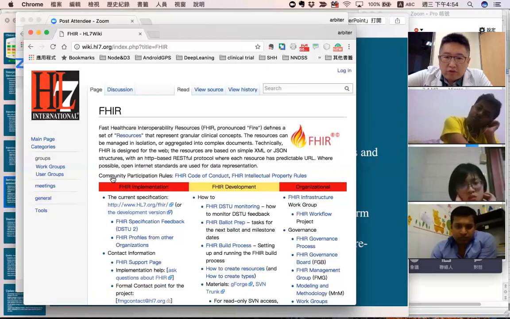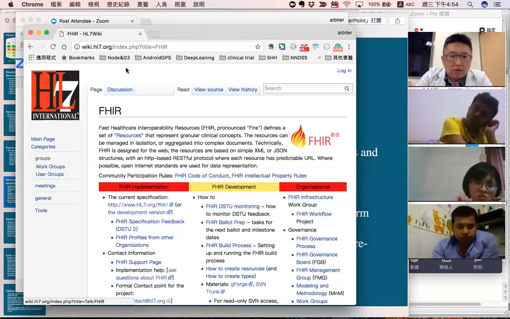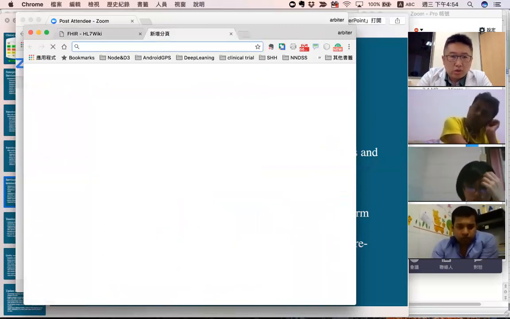And before FHIR, there was another thing developed by Harvard called the SMART Platform. I think I previously showed you the SMART Platform.